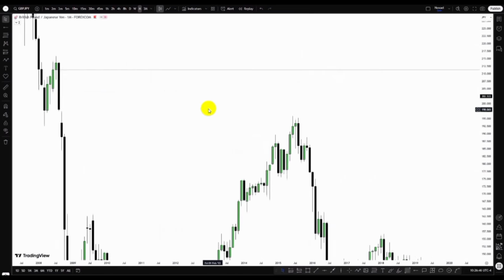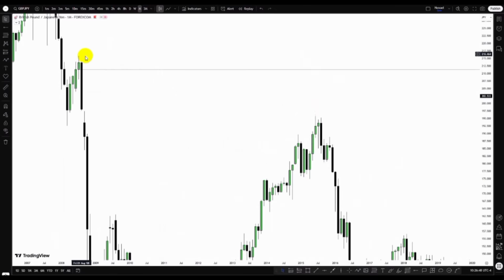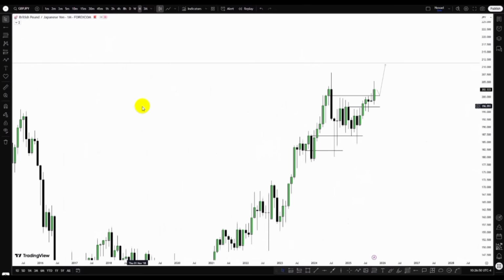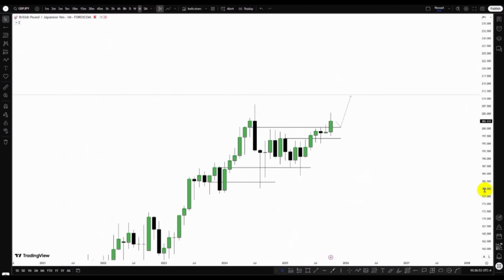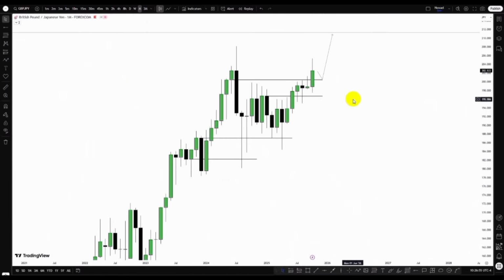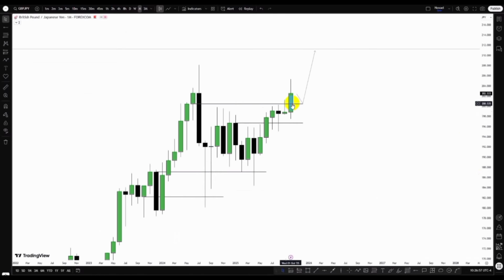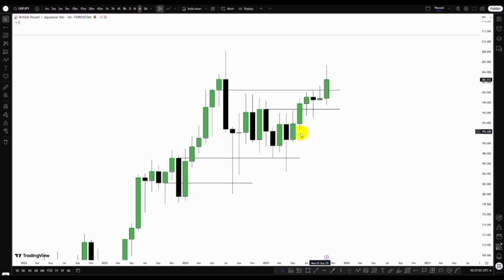So we have the bearish order block unmitigated here in the monthly time frame in GBPJPY. So the reaction would be the possibility to see a pullback to this level before we have the possibility of bullish continuation. So this is the narrative from the monthly time frame.